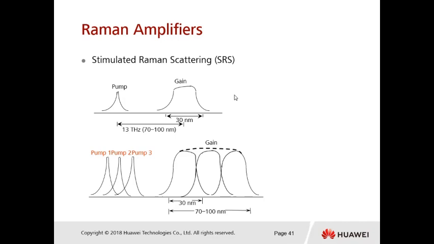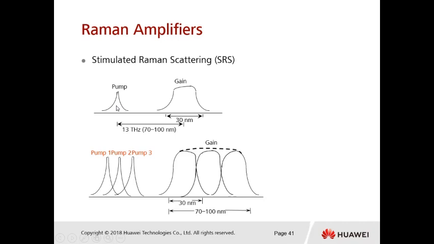In a common optical fiber system, the optical power is not very high, it's low, and the optical fiber has nonlinear transmission features. So when the incident optical power of light into the fiber is rather high, like this, the power is very high.